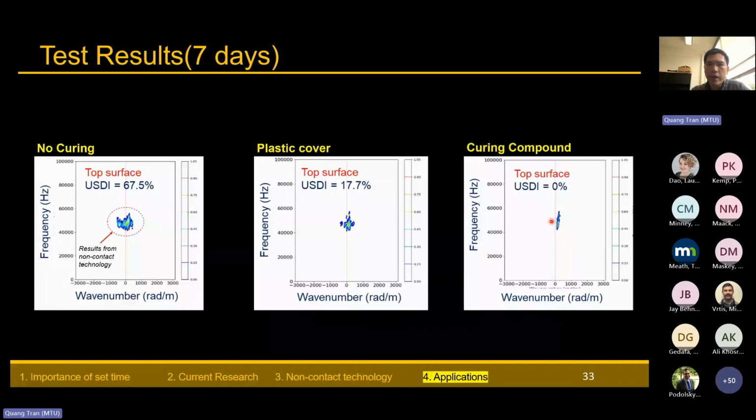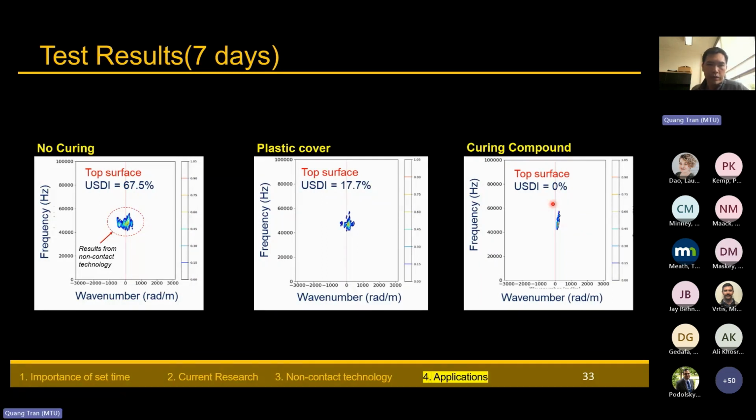In the curing compound case, most of the energy moves forward because we have fewer cracks over the surface. This test is in very good agreement with the water loss test that we did previously. It also shows that using curing compound is the best method to ensure the hydration of the concrete materials.